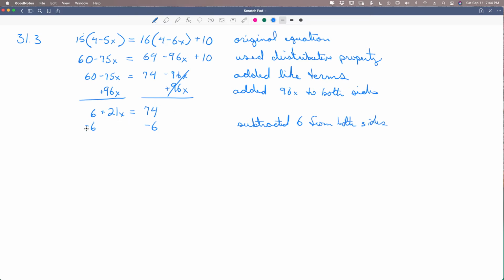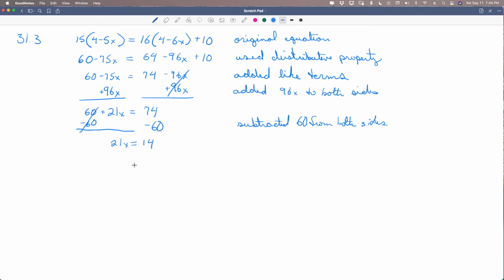Okay, and that leaves us with this canceling out. 21x equals, oh, I'm sorry. That doesn't look right. We subtracted 60 from both sides. That makes more sense now. If we subtract 60 from both sides, then we are left with 14 right here.